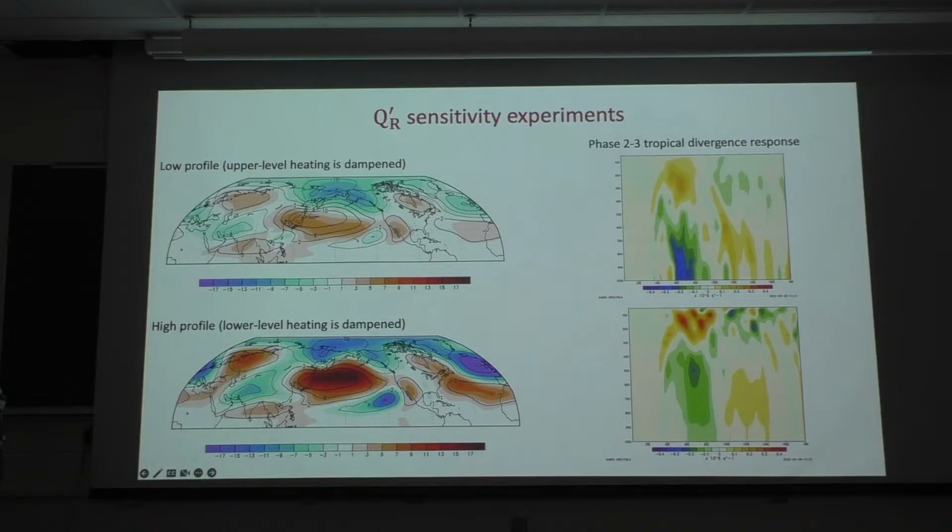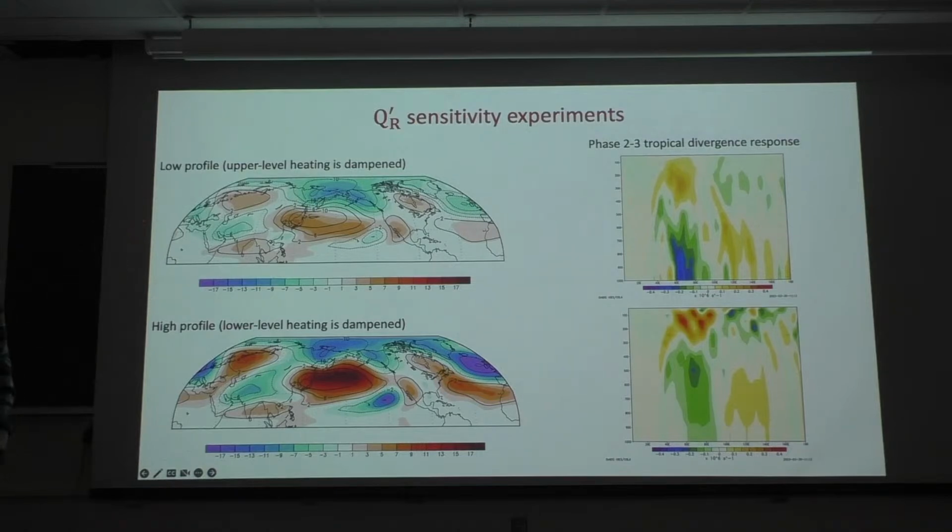You have to be a little careful because of the way that we defined the weighting, because they're scaled by the maximum heating. It essentially makes it so that when the low level heating is dampened, it does have some increase in the upper level heating. You're kind of squishing the profile, if you will. It was a way to say, what would happen if the maximum magnitude of heating occurred in the upper atmosphere versus the lower atmosphere, and vice versa.